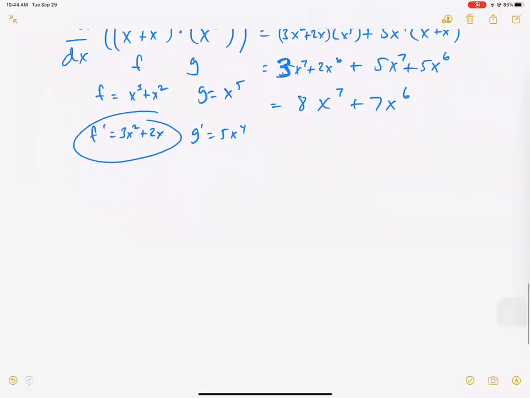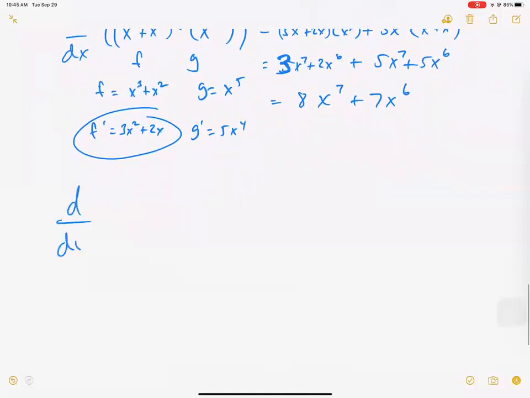Okay, let's do another problem now. So d over dx, and the problem is x squared times the square root of x.